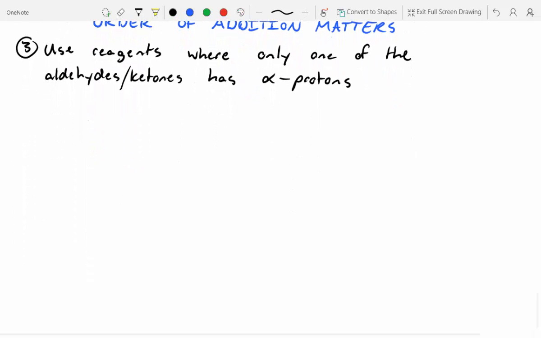So let's take a look at this example. Let's say we've got this aldehyde and we've got this aldehyde. And we go ahead and we treat this with sodium hydroxide.